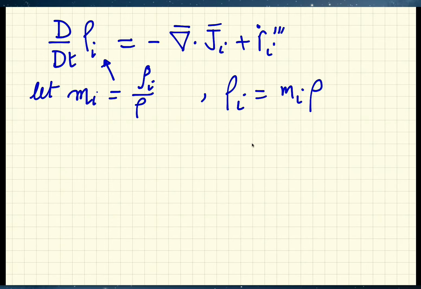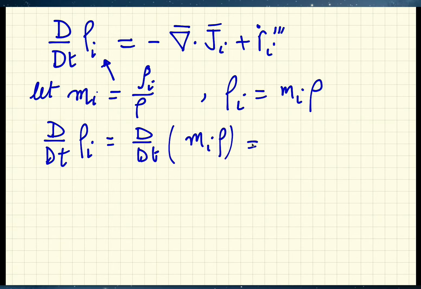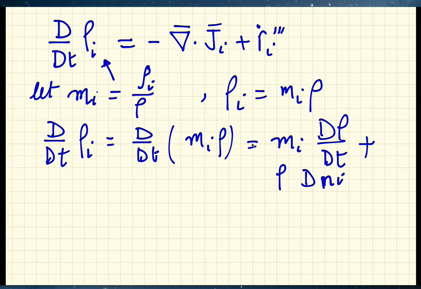And then when we do the derivative, we take d by dt of rho sub I, which will be equal to d by dt of m sub I times rho. And again, using the chain rule, this is the first times the derivative of the second plus the second times the derivative of the first. Let me just write it clearly here, times the derivative of the first, d m sub I by dt.